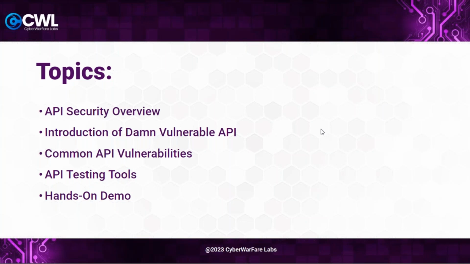Today we discuss these topics: API security overview and introduction of Damn Vulnerable API, common API vulnerabilities that are added in Damn Vulnerable API, API testing tools, and lastly, we demonstrate hands-on API testing.